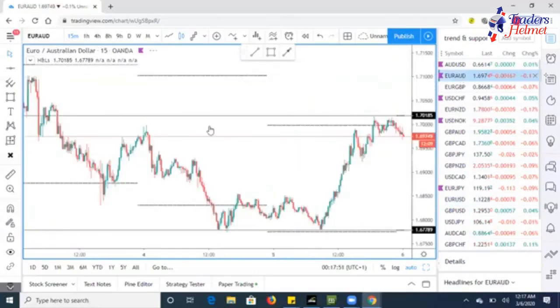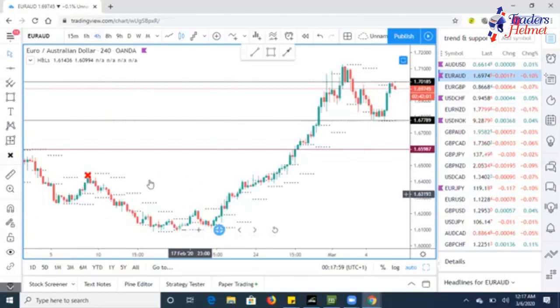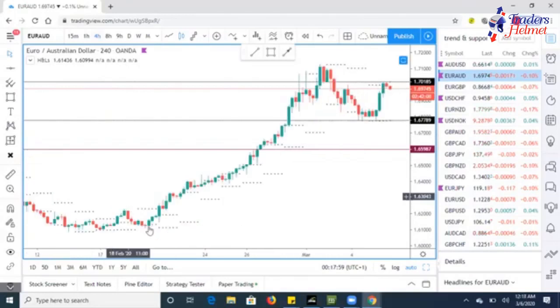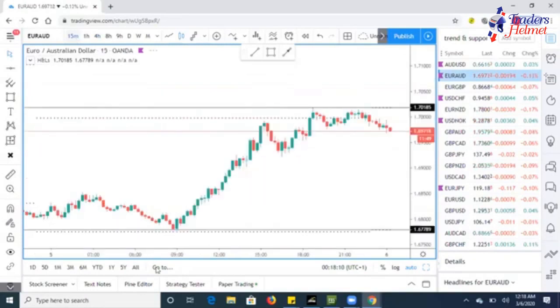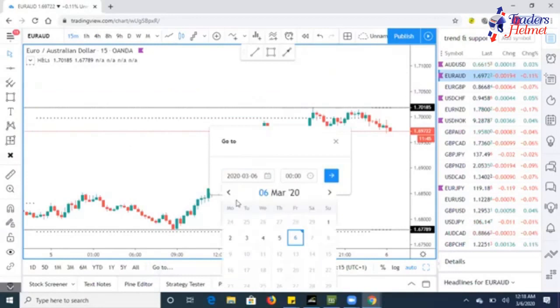Let's go back to EA and back to 4 hours. Here we can see that the uptrend actually started on the 19th of February, but let's go to the 20th of February on the 15 minutes.